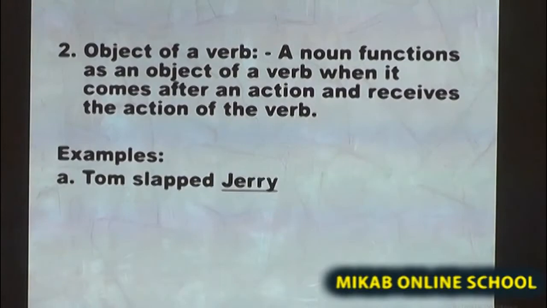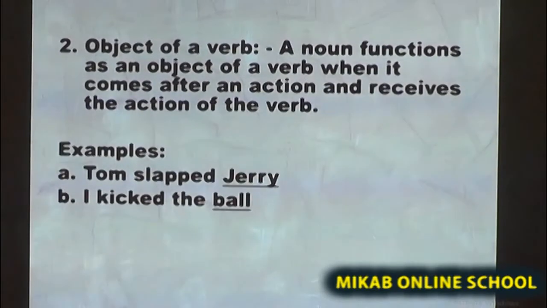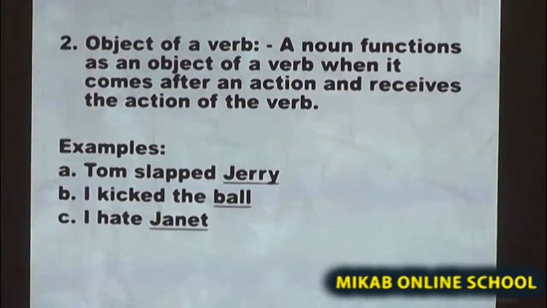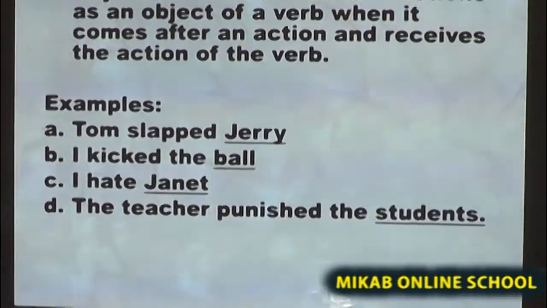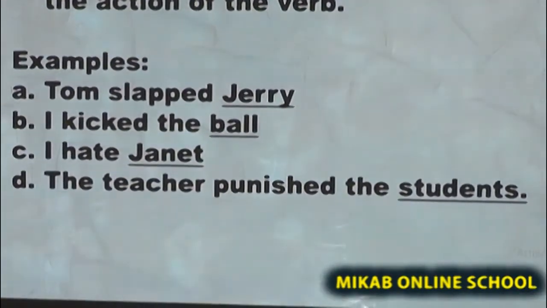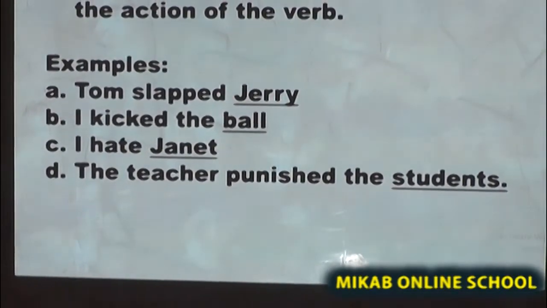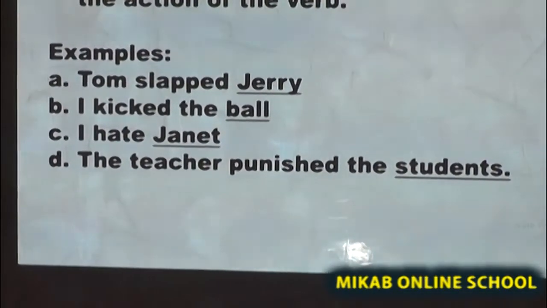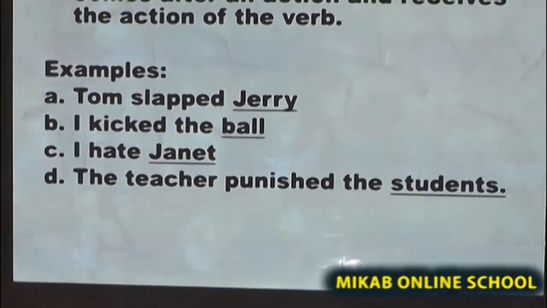A. Tom slapped Jerry. B. I kicked the ball. C. I hate Janet. And D. The teacher punished the students. All the underlined words are also what? Nouns. Don't forget we are dealing with noun, but functioning in different ways. All the underlined words are nouns.